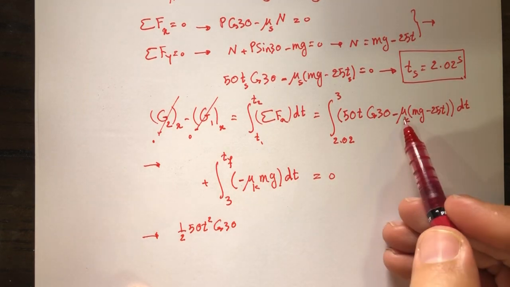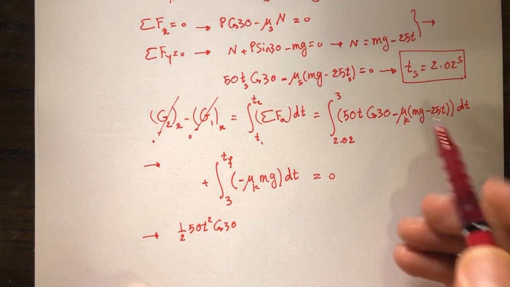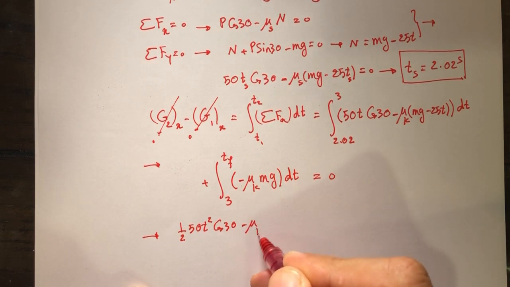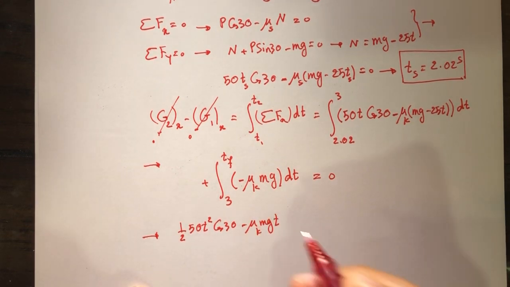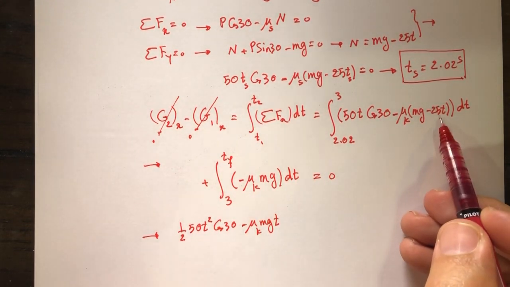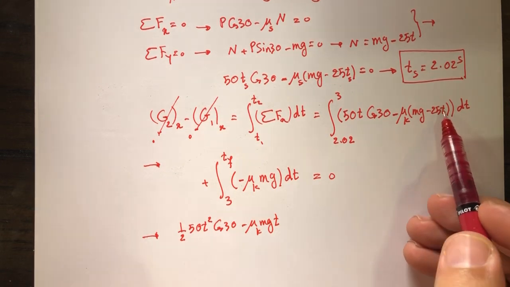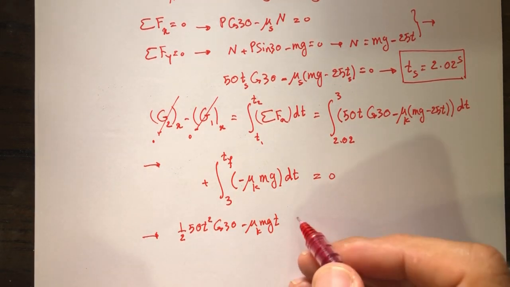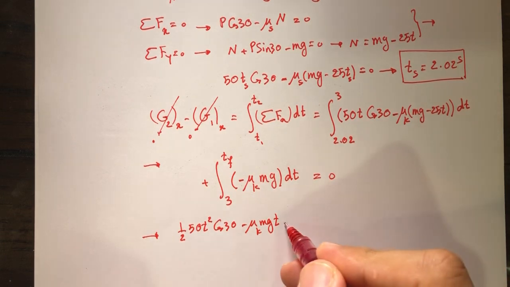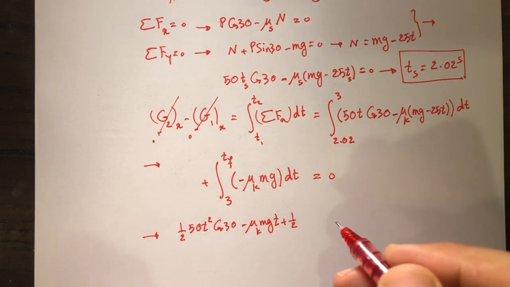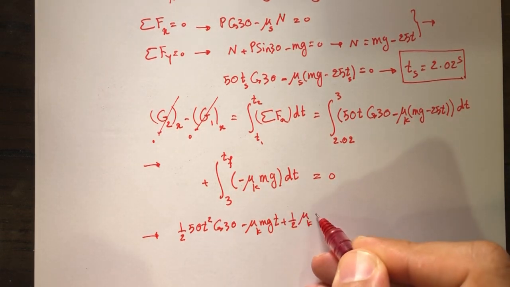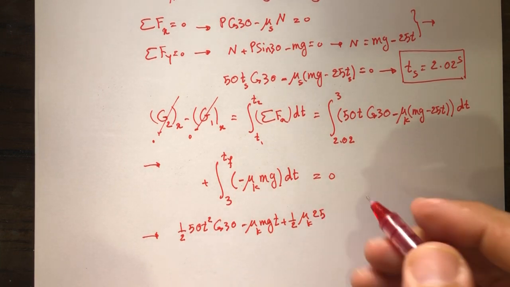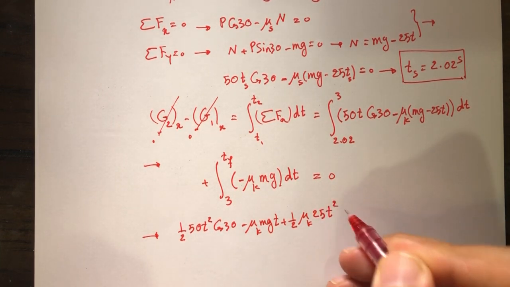And for the second part, negative mu k mg, we are going to have negative mu k mg times t. For this part, again, we are going to have 1/2 of t squared. So we have two negatives to get a positive: 1/2 of mu k times 25 times t squared.